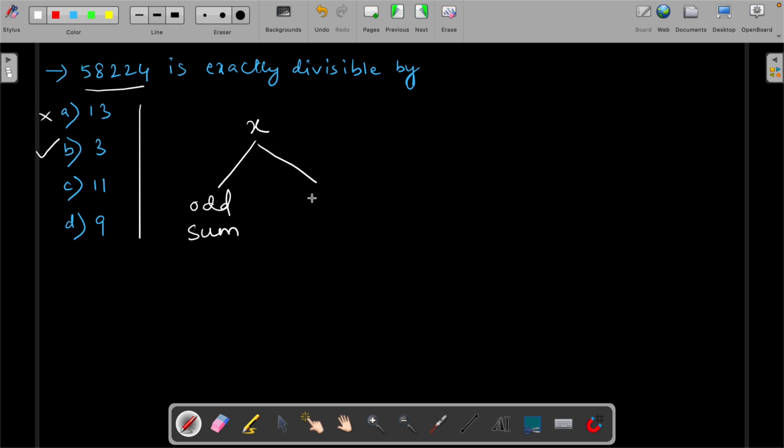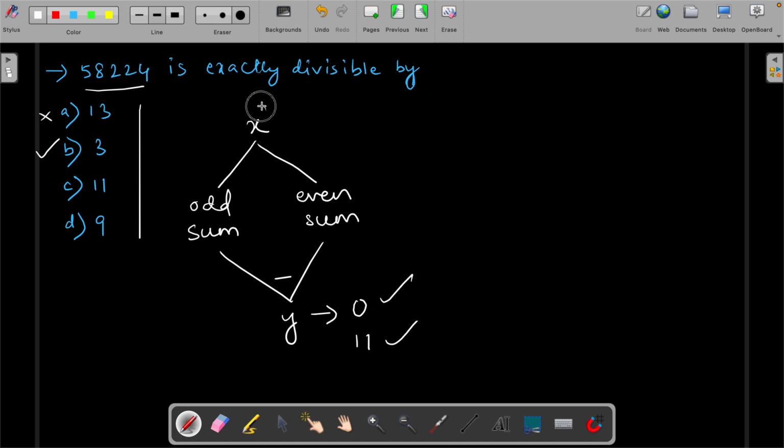Next, take out all the digits which are there in even places and find out their sum. Now subtract these two sums. Suppose you get a value y. Check if this value is 0 or divisible by 11. If either is true, then the given number is divisible by 11.